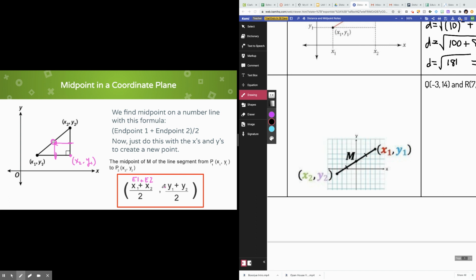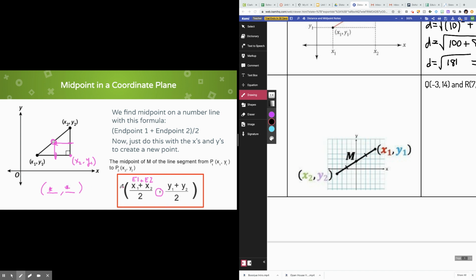Another thing I want you to notice is this comma right here. When you are finding the midpoint of a line segment, you are finding a location, so your answer should be another coordinate point: some number, comma, and then another number.